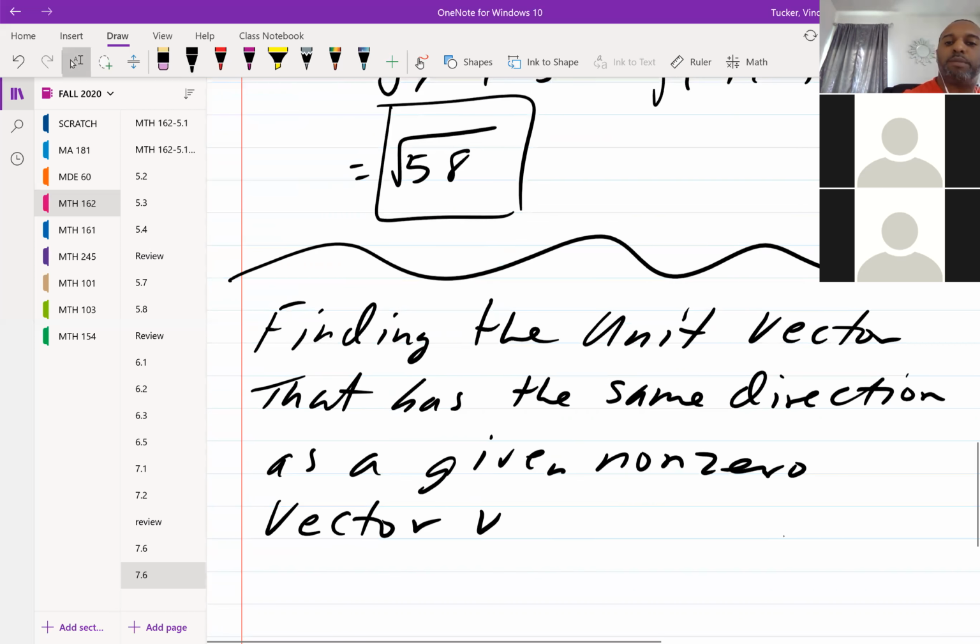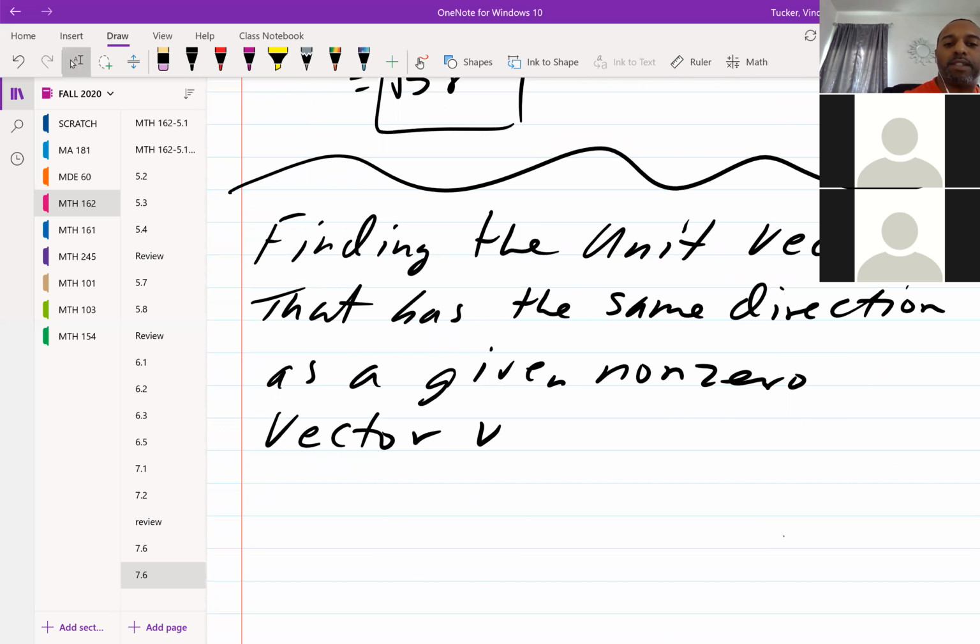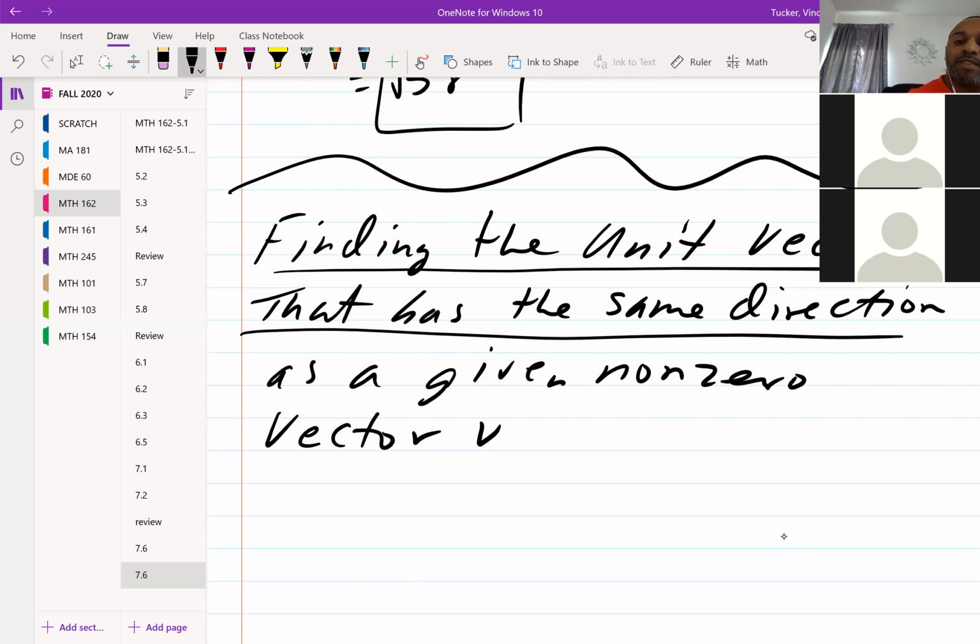This is a long title, but it's: find the unit vector that has the same direction as a given non-zero vector v.